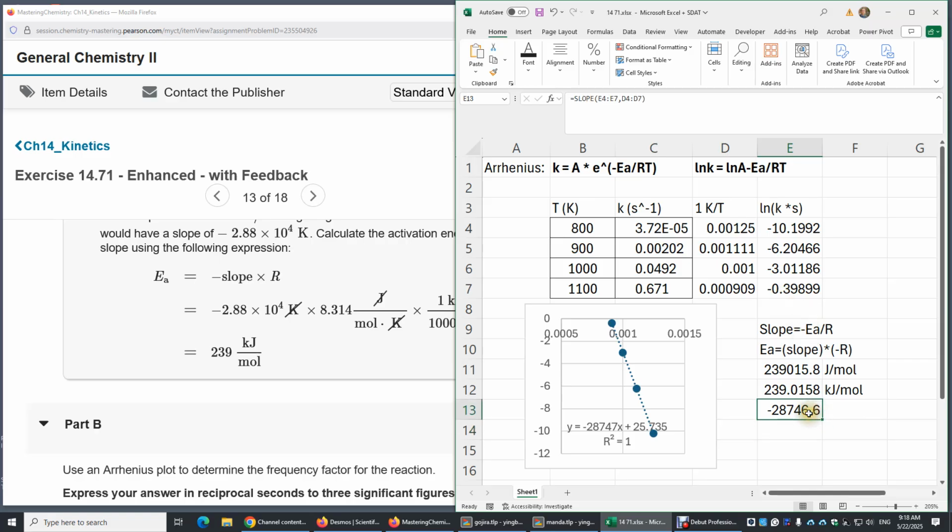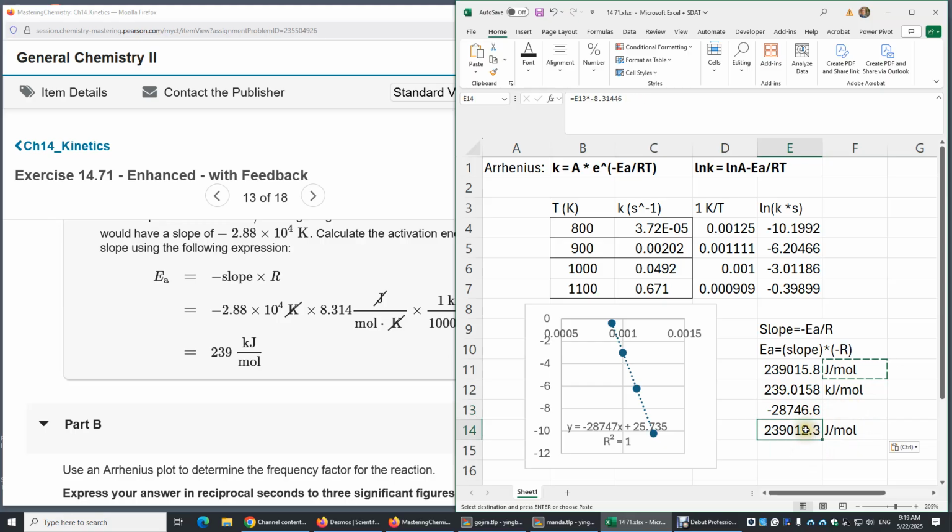Now I got the slope, and if you compare this slope from the slope function with the slope in the graph, negative 28747, they are the same. And also this slope times negative R, we'll get this in joule per mole.